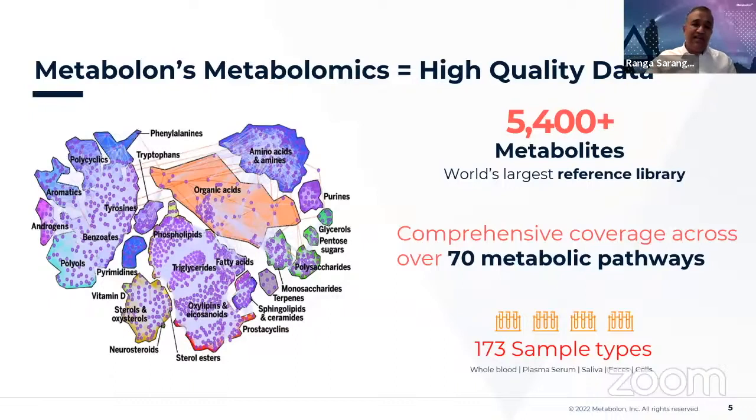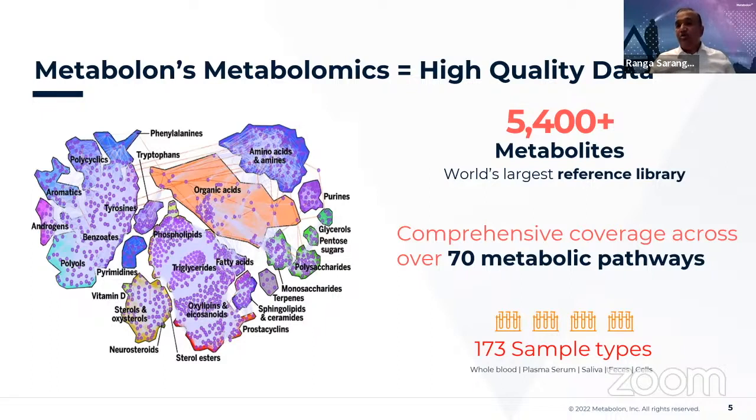So the quality of the data and how good that is, it's also contextual, because in the world of metabolomics, the gold standard of a good readout of a small molecule is the ability to associate it with the corresponding standard that has been generated and characterized in the same manner as the data that is being generated. And at Metabolon, we have approximately 5,400 plus metabolites for which we have a reference library, which is one of the biggest out there.